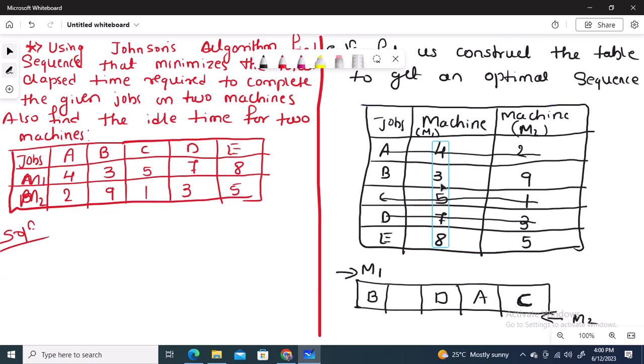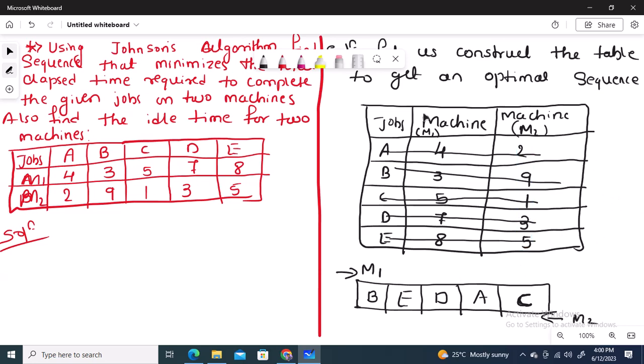So clearly from this data, the allotted job for machine 1 for 3 hours is job B. Once we have written these, what is left out? The left out one is A, which for machine 2 will come here. So this is our optimal sequence using the Johnson algorithm.